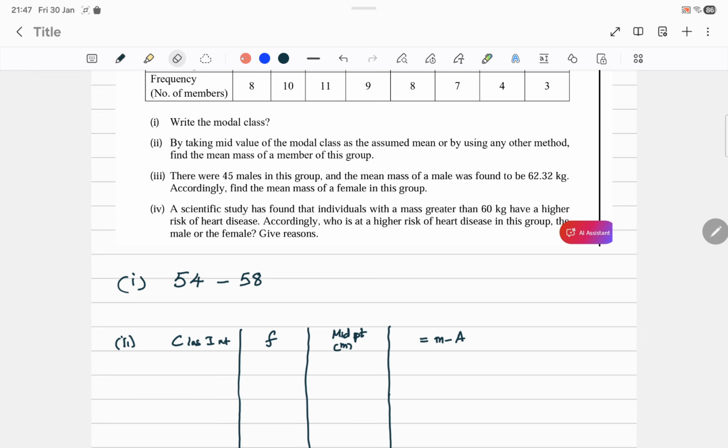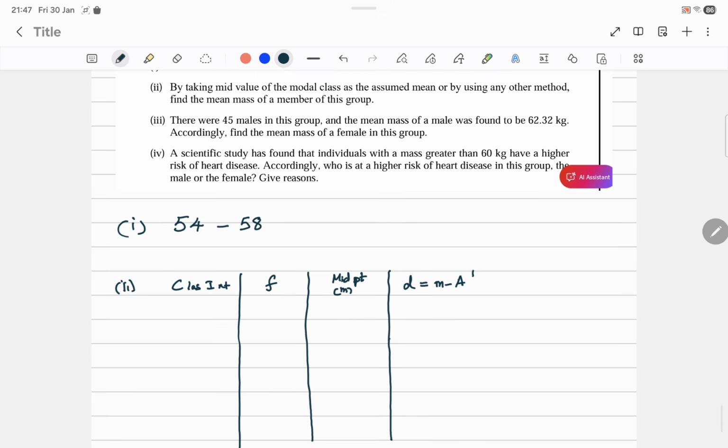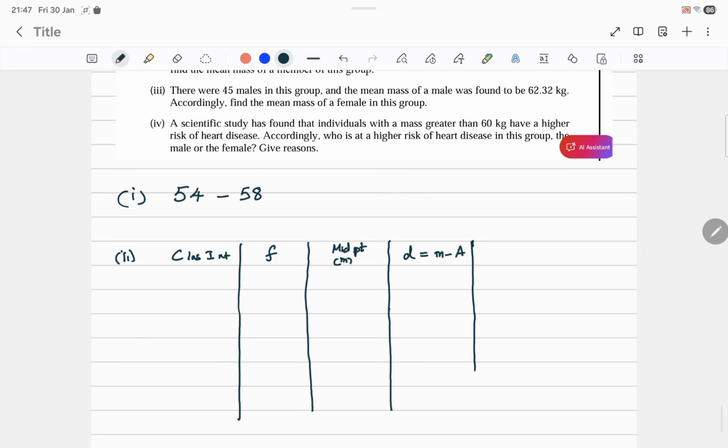Normally we put d here, so let's use the d. And for midpoint, let me use x instead of m. Let's stick to the notation that is normally used. d equals x minus a. Then we need fd, frequency times that value.